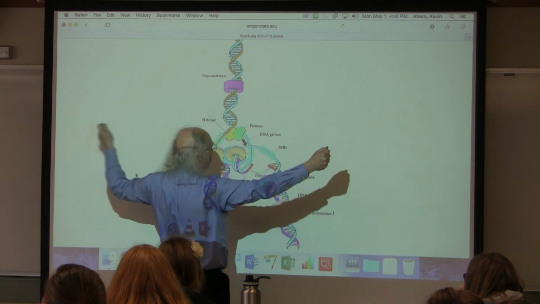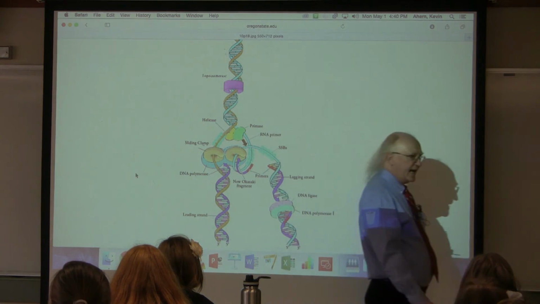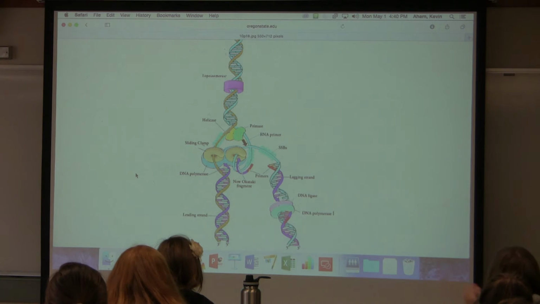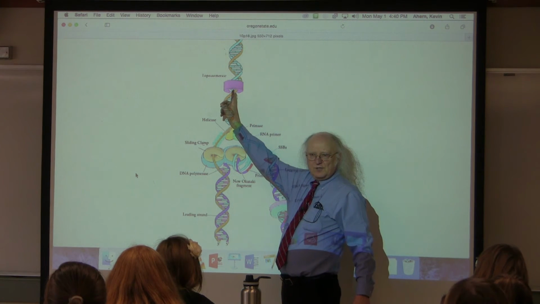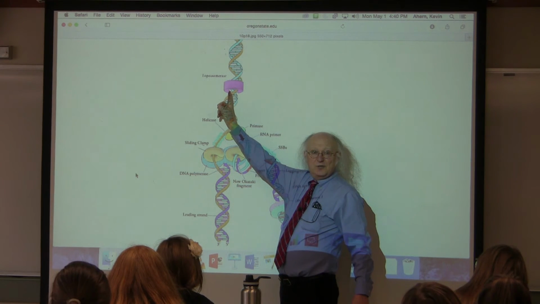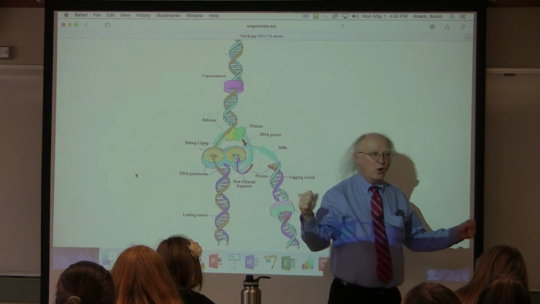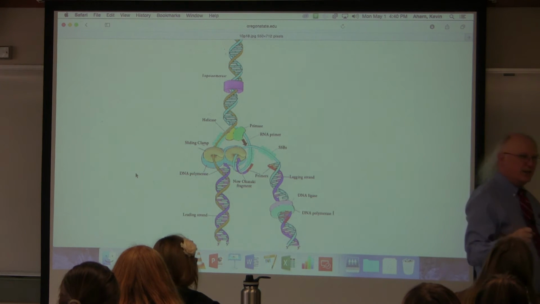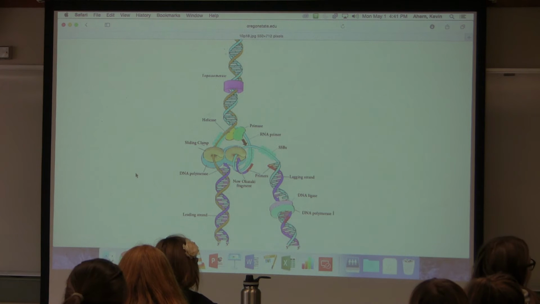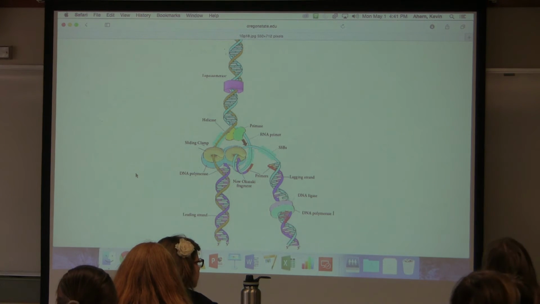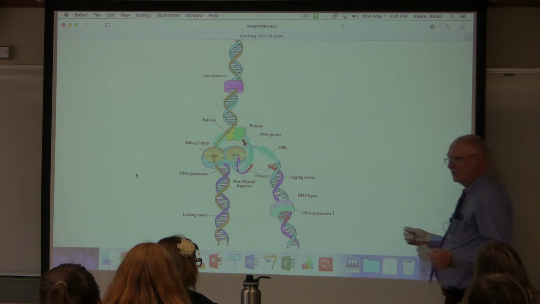Imagine I'm pulling this sucker apart at 6,000 RPM. Do you suppose that the tension ahead of here might increase? The number of turns, base pairs per turn might change? Do you suppose it would get all kinked up? Do you suppose that would be a problem for the cell if it didn't get untangled? The answer to all those is yes. Okay? It would be a problem if all those didn't get untangled.